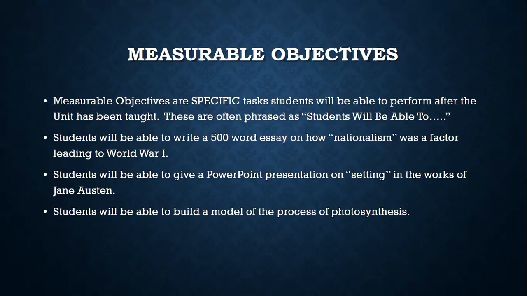Finally, students will be able to build a model of the process of photosynthesis. Now, while this is not as specific as the other two measurable objectives, it is still a measurable objective because it gives you a way in which the student can be assessed for the knowledge that he or she now possesses.